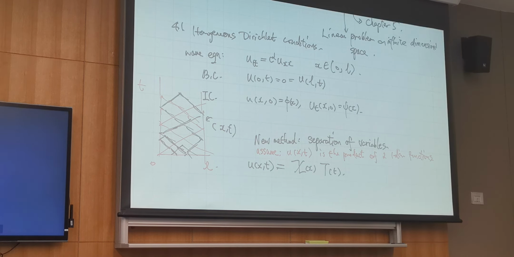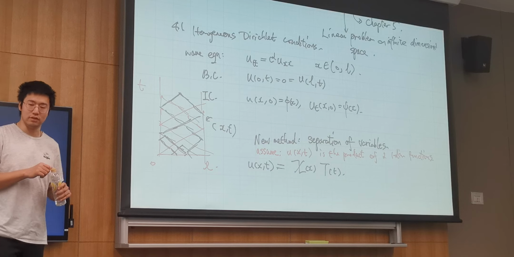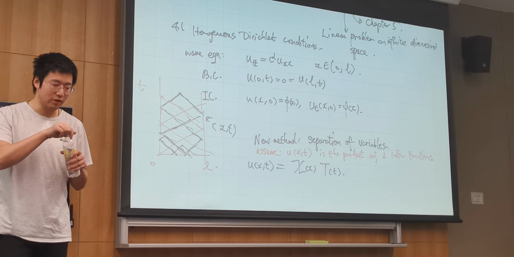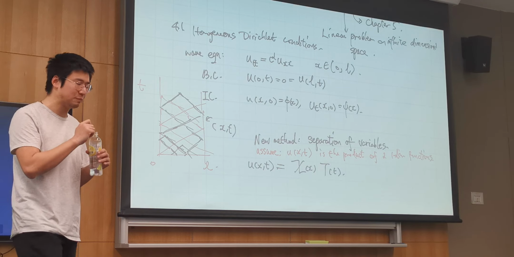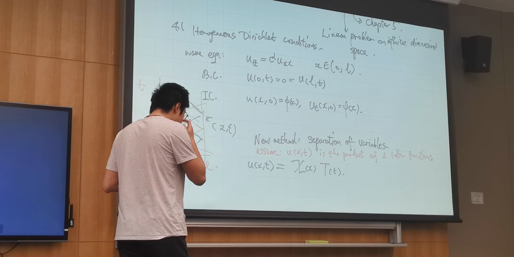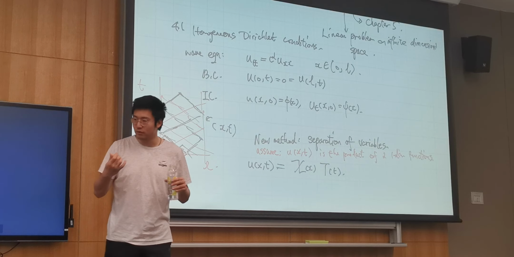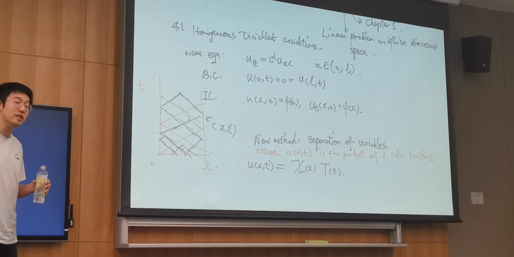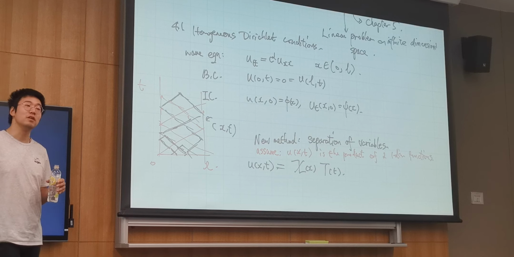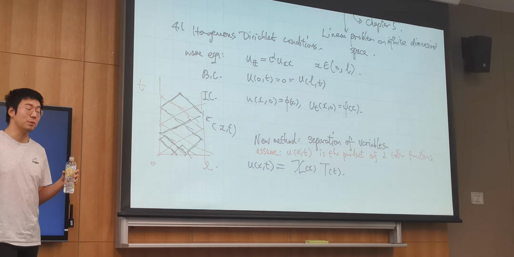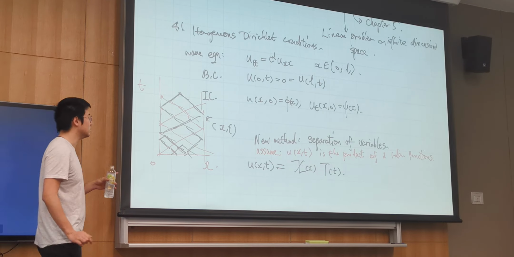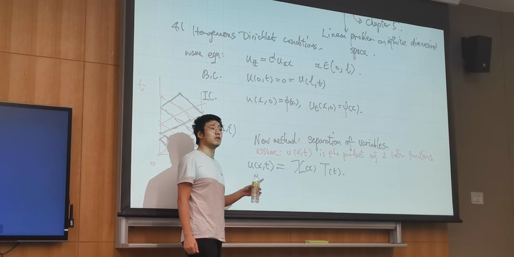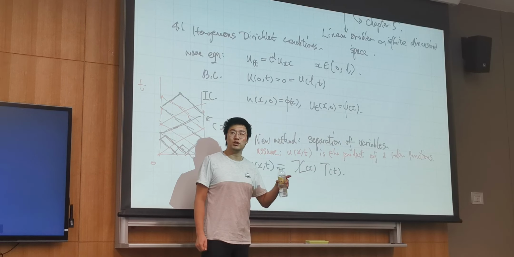I know that a lot of you are right now taking probability, and the other people have already taken probability. So I can safely use the analogy for independent variables. Imagine that I have a joint probability distribution, which is called U, that depends on two random variables, x and t.